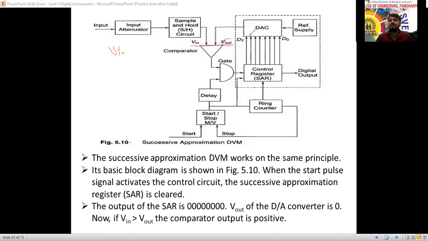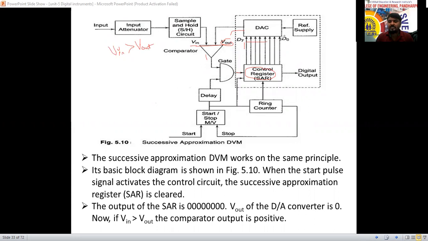This is the control output. If the input is greater than V out, the reference value, the output shows 1, and it is sent to the register, which sets some values.